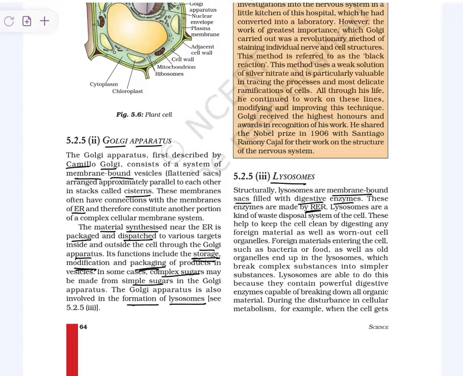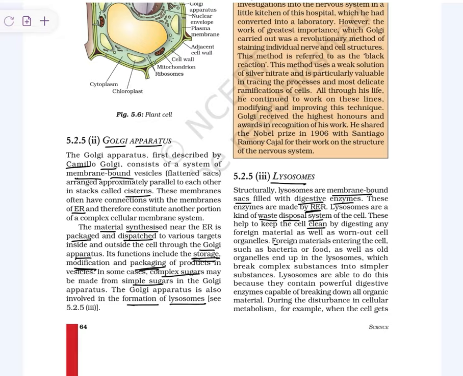Lysosomes are kind of waste disposal system of the cell. They help the cell to keep it clean by digesting any foreign material as well as worn out cell organelles. कुछ भी डैमेज्ड मटेरियल है, कुछ भी डैमेज्ड ऑर्गेनल है, वो उसको क्लीन करने में, रिमूव करने में हेल्प करता है.